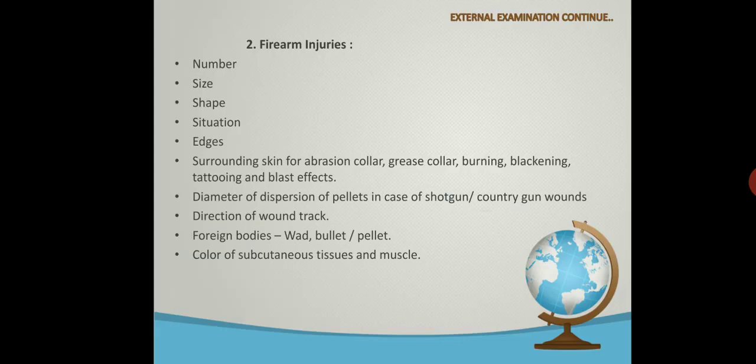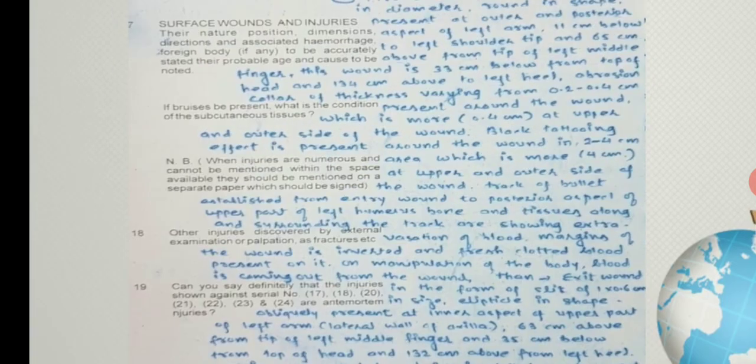In some cases where fire injuries happen due to a shotgun or country-made gun, you have to mention the dispersal of pellets. Direction of the track. If a bullet or pellet-like foreign body is found, you have to mention all those things, and the color of the subcutaneous tissue and muscles on the track of entry and exit wound. So this is the description given.